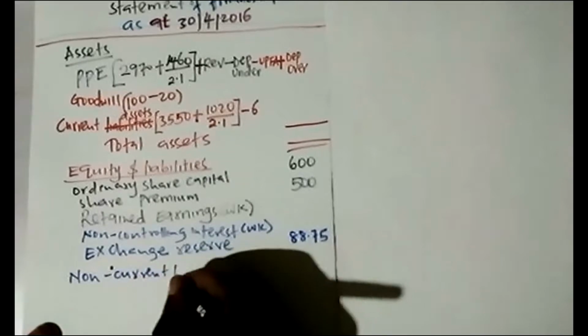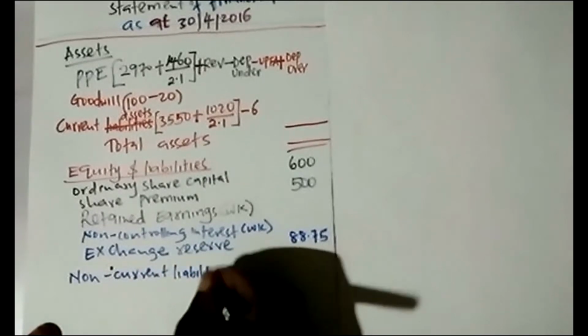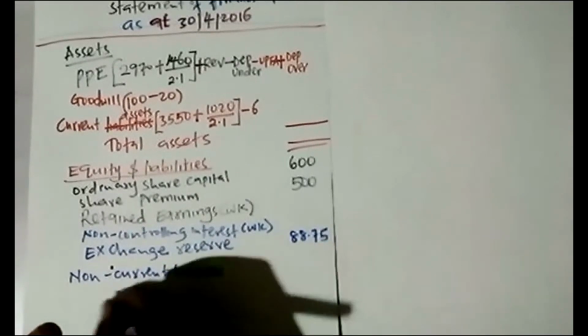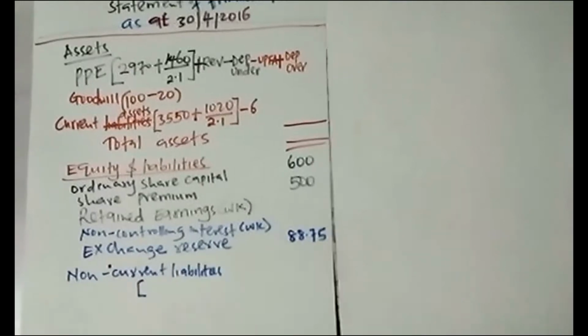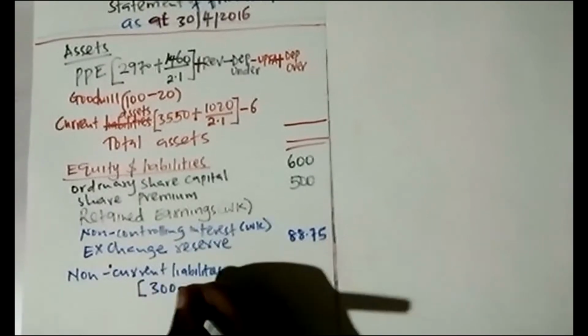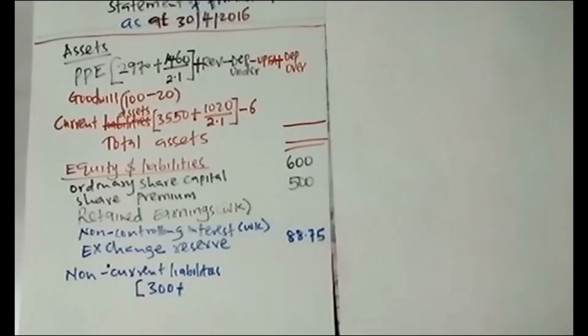Then after that, we do non-current liabilities. For the non-current liabilities, it was 300 plus. So remember that for S, it was 410.